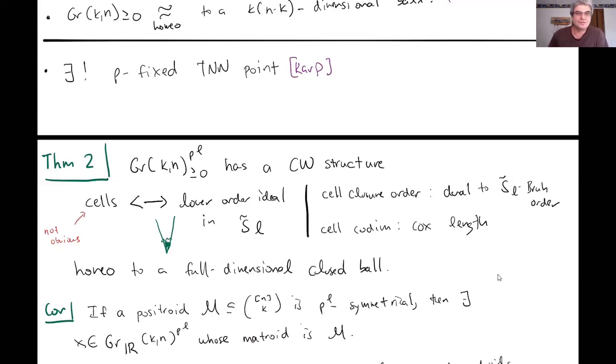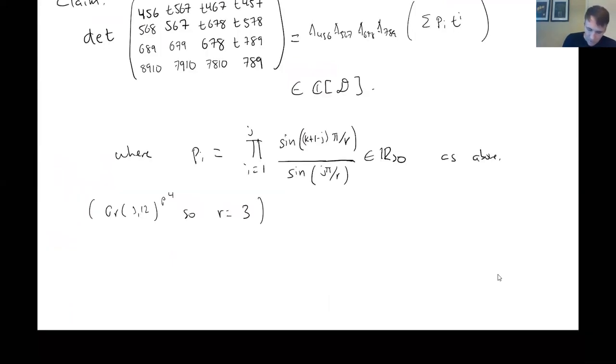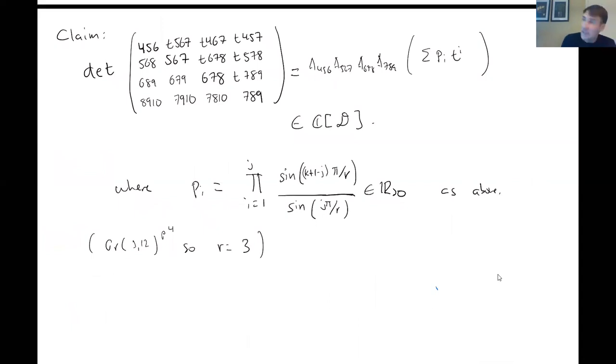In your theorem 4, what goes wrong when R is less than K? So the kind of thing that happens is that you have maybe a variable. Let me think a few seconds.